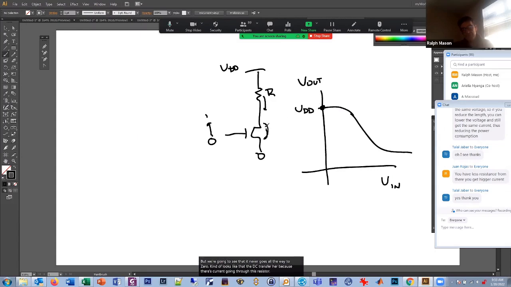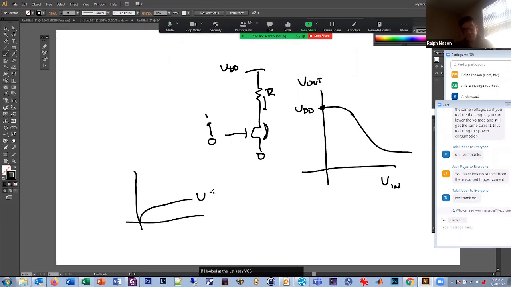And as long as I have current going through this transistor here, and if I looked at, let's say, VGS equals 1 volt here, and this is VDS, and this is ID for this transistor. As long as the current is not 0, maybe this is the DC current here.